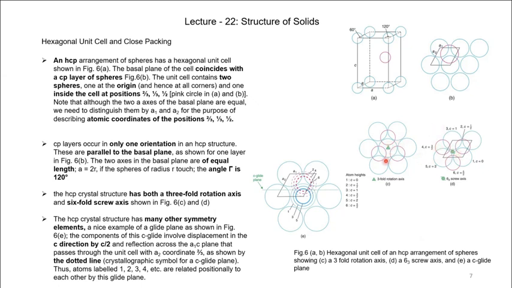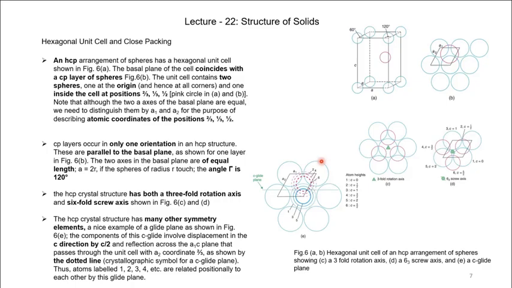We get a C-glide plane here to describe all this and to get the atomic positions inside the cell. So our main aim is to describe this hexagonal unit cell and hexagonal close packing, as well as how the atomic coordinates can be described using these pictures.